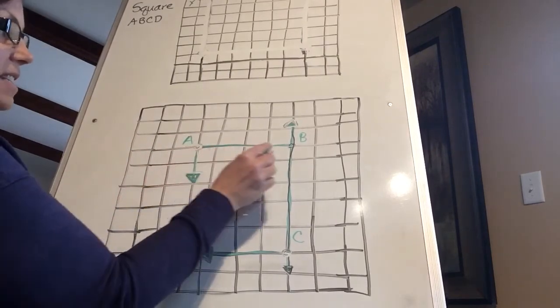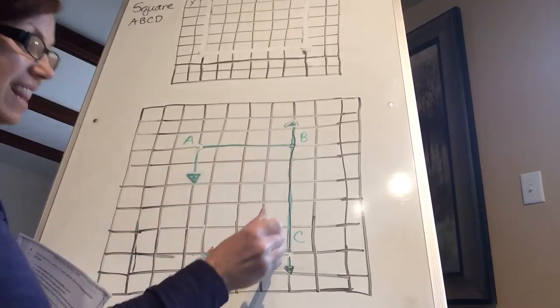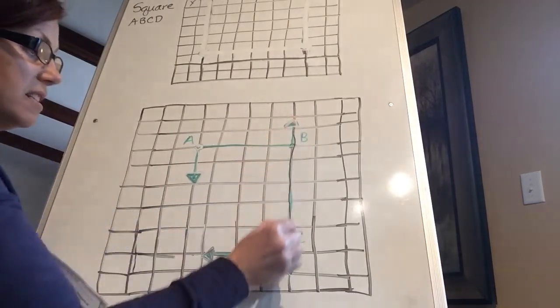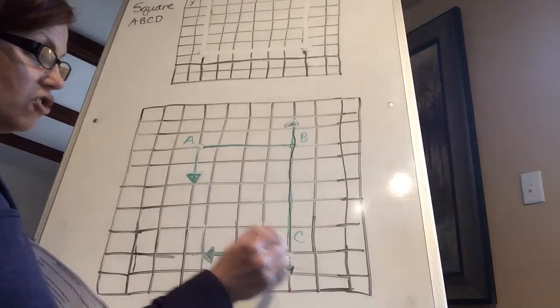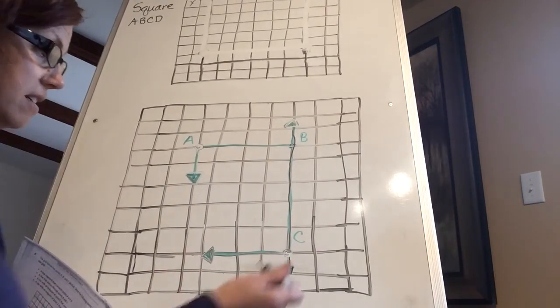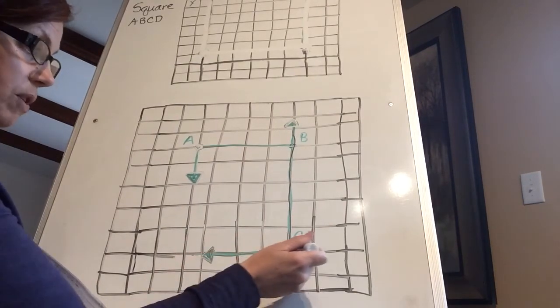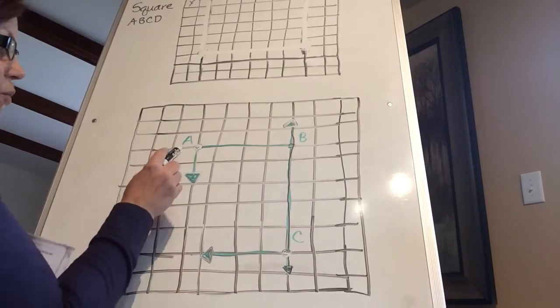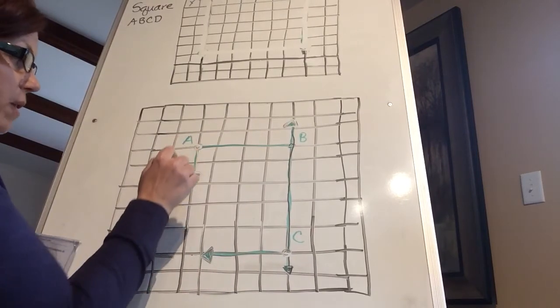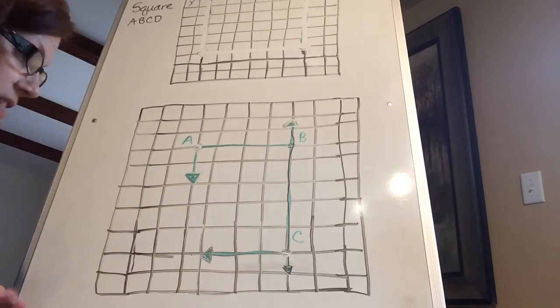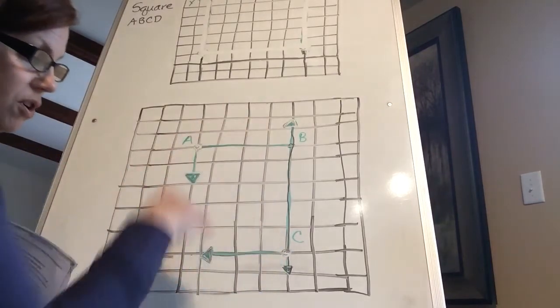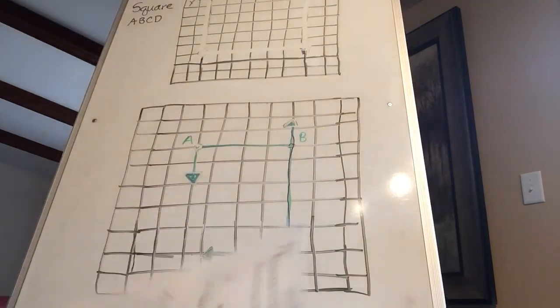So line segment AB, line BC, because it's got 2 arrows at each end, ray C going to the left, and then a ray using point A going down. This was just seeing if you could draw everything that you had defined.